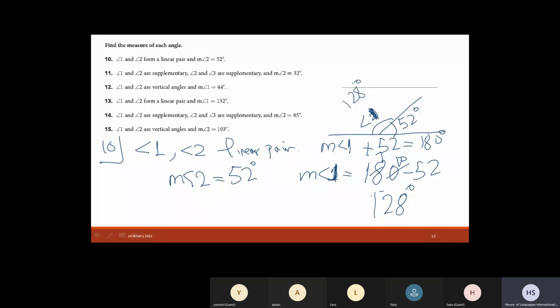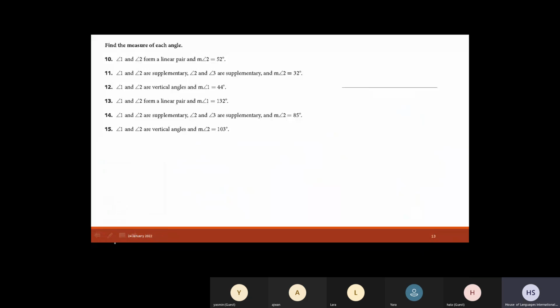No. So angle 1 and angle 2 are supplementary. What does it mean? That their summation is what? 180. Angle 2 and angle 3 are supplementary.